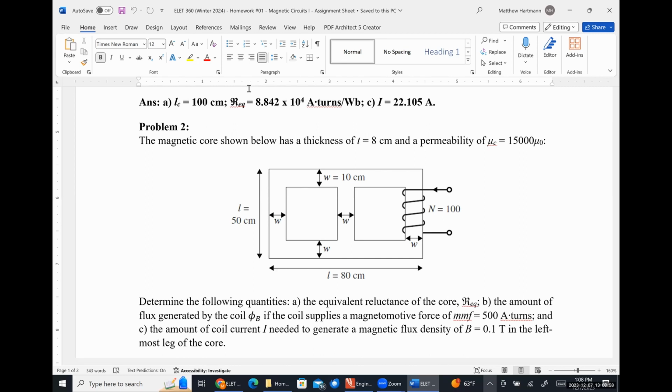I didn't label it. Yeah, no, that's fine, I'm sorry I didn't label it. So L1 minus W, because it's half a W on both sides. I agree with that. And then the cross-sectional area would be the width times the thickness, and then 15,000 times 4 pi times 10 to the minus 9. So that all seems legit there.